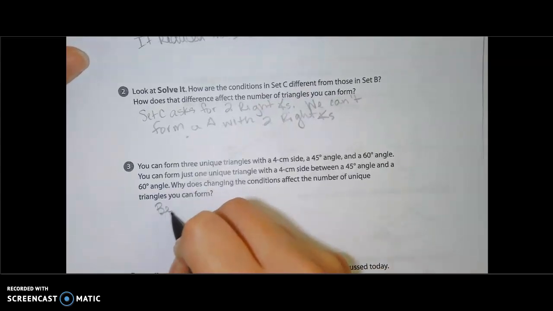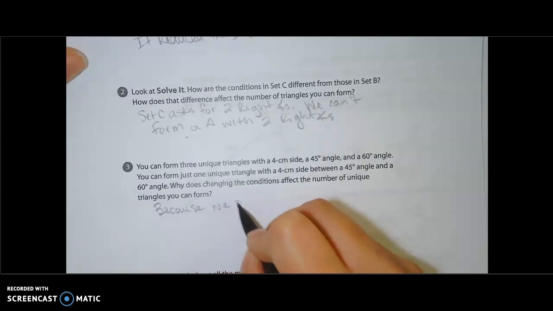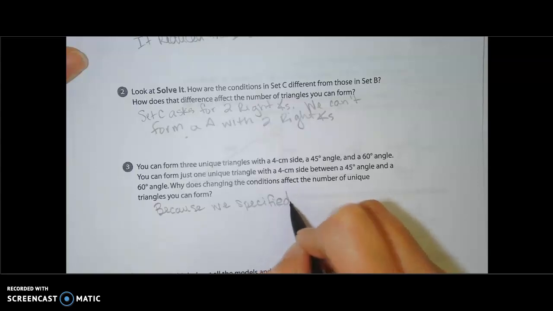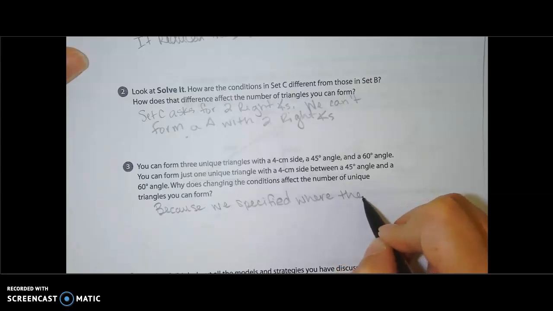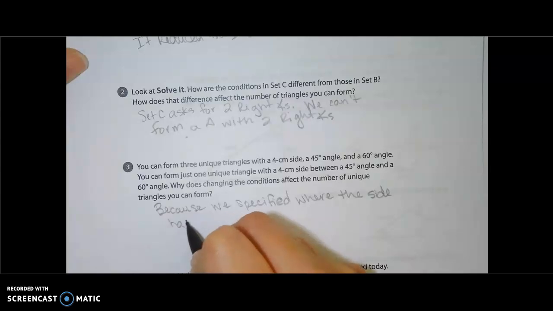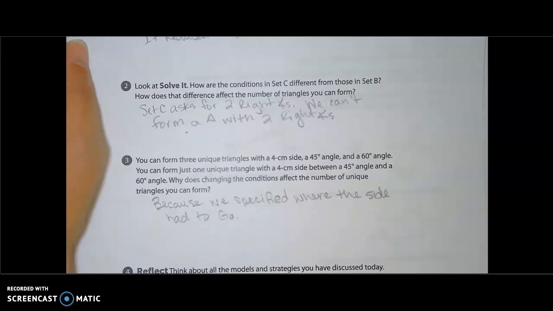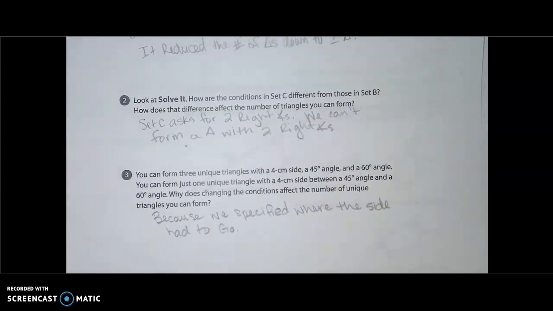It's because we specified where the side had to go. And when we get specific about where things are, it brings us from 3 triangles to 1 triangle.